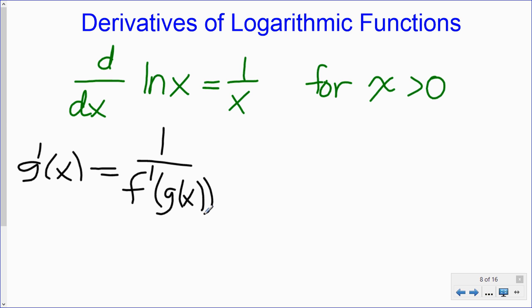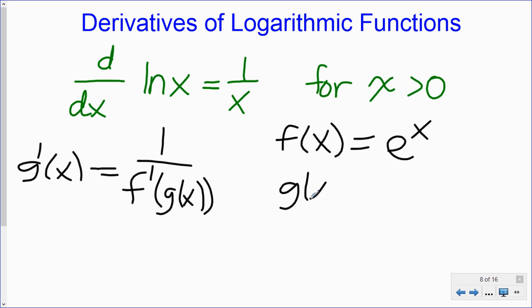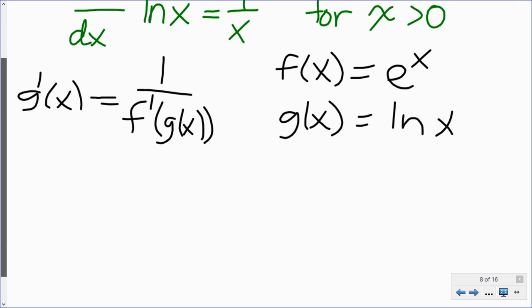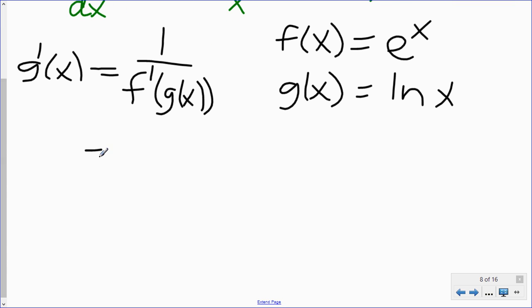In this case, f equals e to the x, which means that g of x, the inverse, would be natural log of x. So g prime of x would equal 1 over f prime of natural log of x.